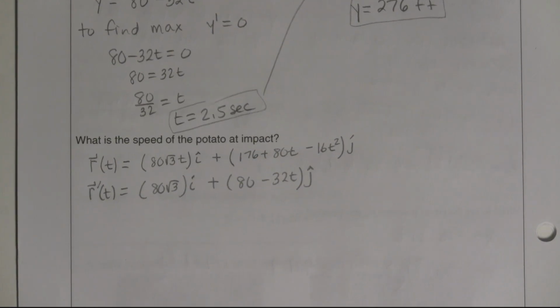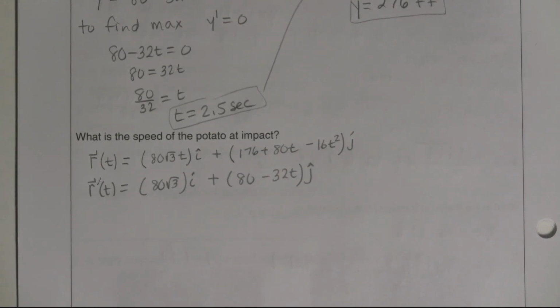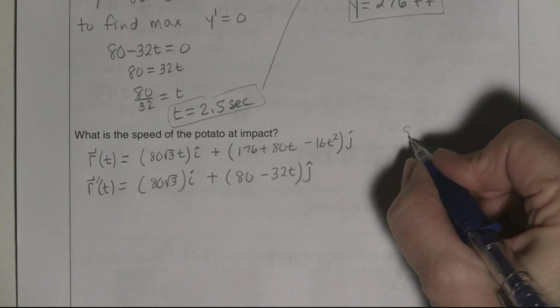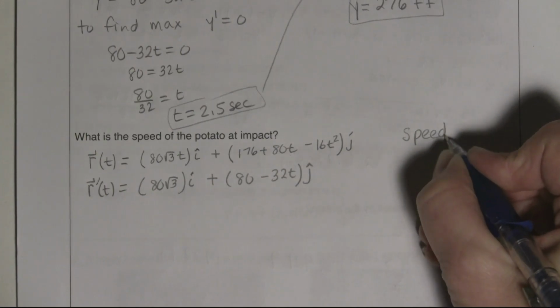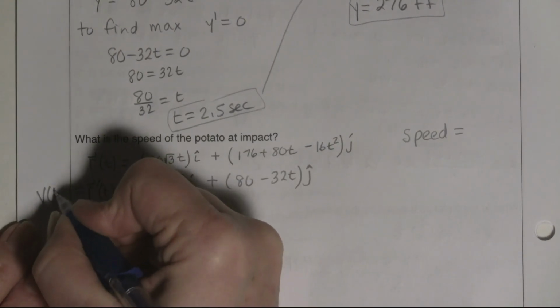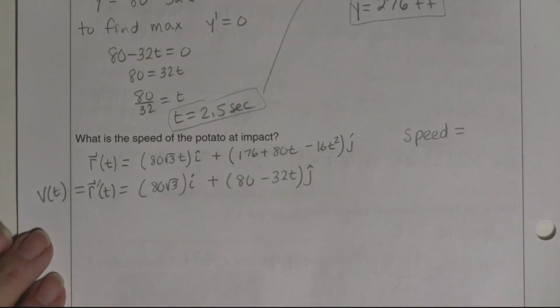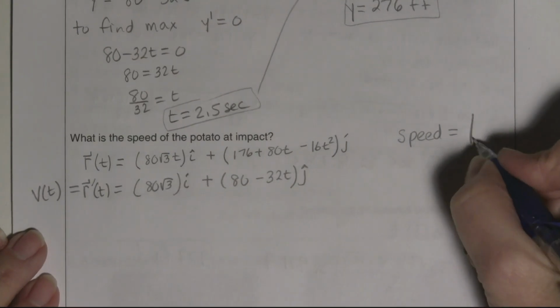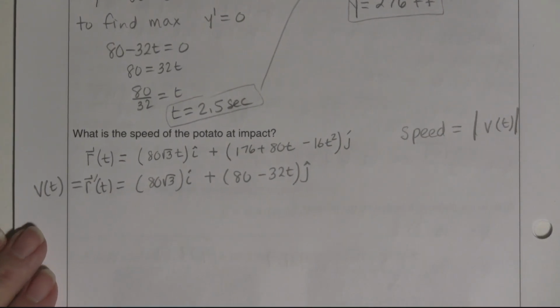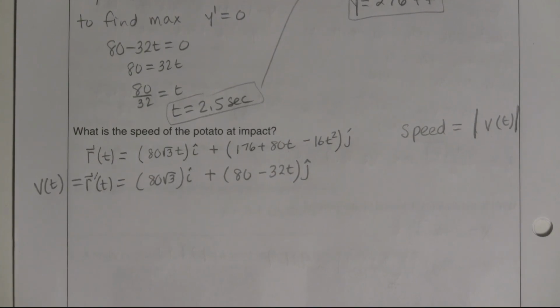And now that I found the derivative, this right here is the velocity at t, right? And the speed is the magnitude of the velocity. I didn't tell you that. And so now that we've taken the derivative, it would be okay for us to put in t.